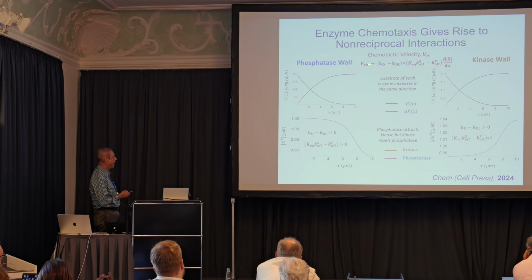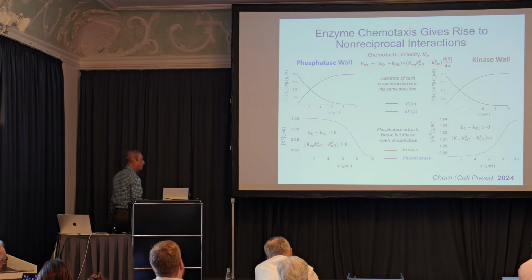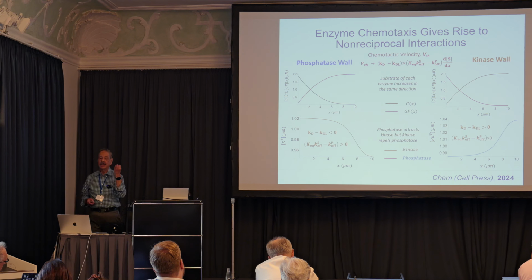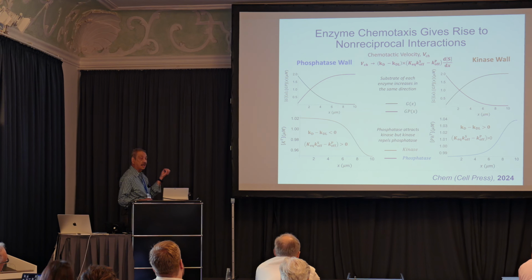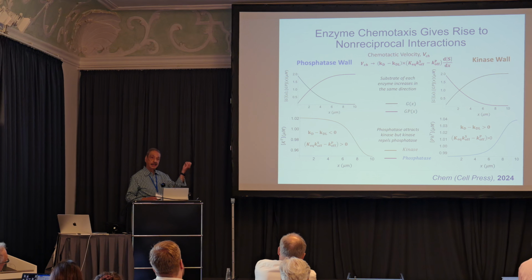You can, in fact, calculate a chemotactic velocity, or come up with an expression for chemotactic velocity. And if one of them is different for the kinase versus the phosphatase, you will have non-reciprocal interaction. So non-reciprocal interaction comes about at the molecular level. Again, it's a source of information at the prebiotic world.